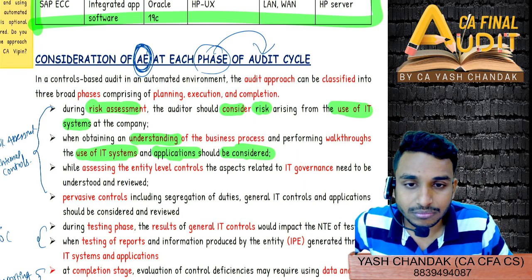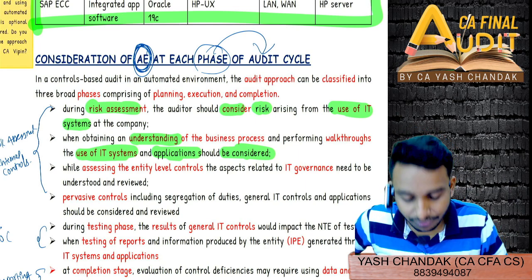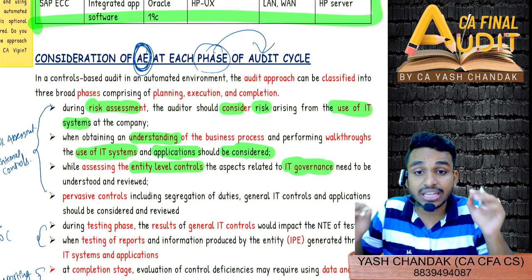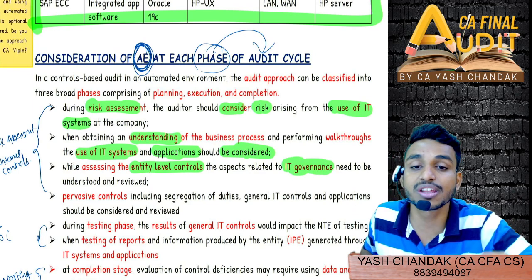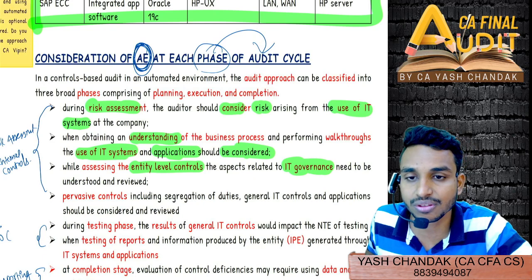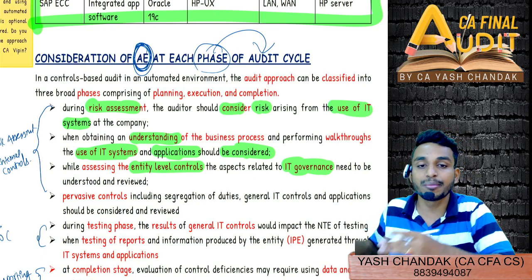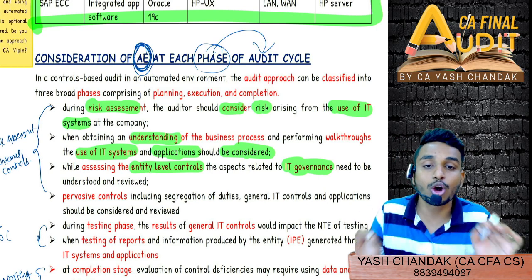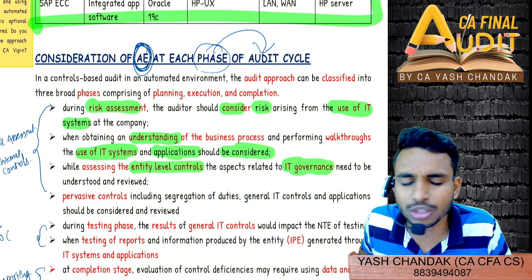And that is what they are saying, that while you are assessing the entity level control, the aspect that needs to be assessed here importantly is with respect to IT governance, because when there is an automated environment, there is an involvement of IT. So we need to particularly assess that proper corporate governance is being implemented or not with respect to IT.